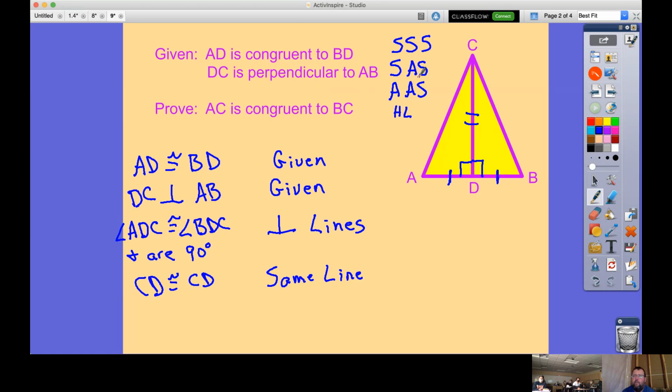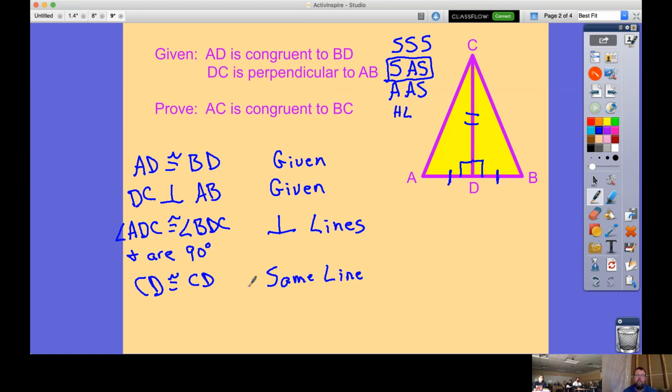All right, now, do we have one of these four up here? Just on each side. Yeah, we know this one right here. If you look at this, we've got side, angle, side for the left one, side, angle, side for the right one.